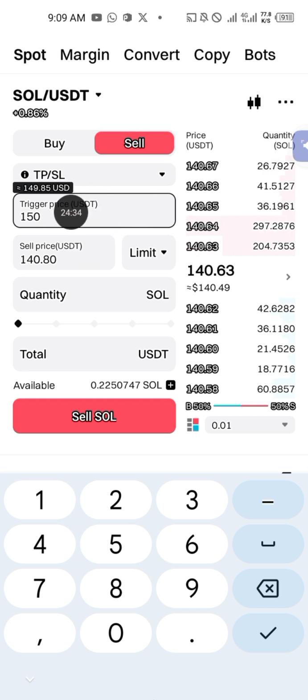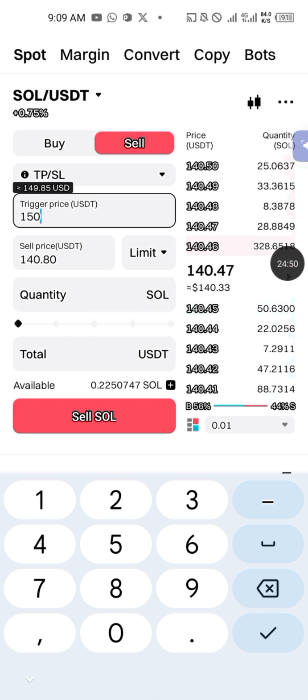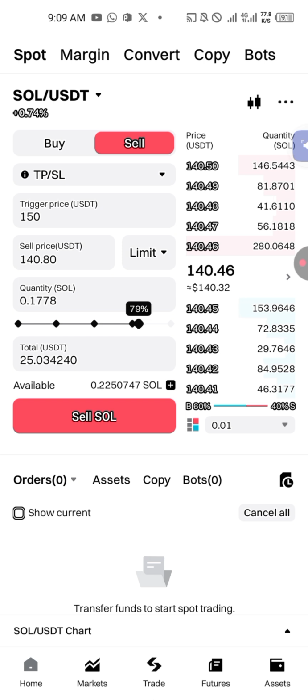So if the market goes to 150 USDT, this limit that I set will execute by itself automatically, right? Then I can decide how many Solana I want to sell among the ones I bought, right?